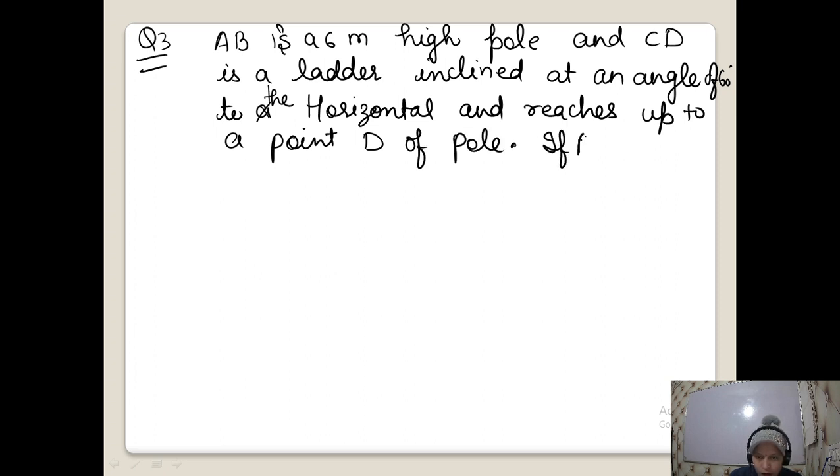If AD is equal to 2.54 meter, then we have to find out the length of the ladder.